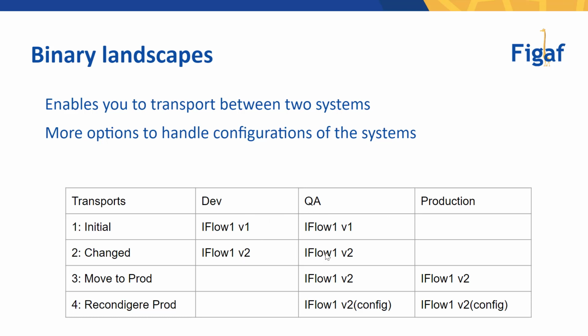We can develop a new release, and with this give you a much more flexible transport process, because we want to support bigger projects where you need to make sure that you have completed testing in QA before you move to production. So these transport changes all make a lot of sense in conjunction with each other, so you can see what's going on and who has approved which changes.